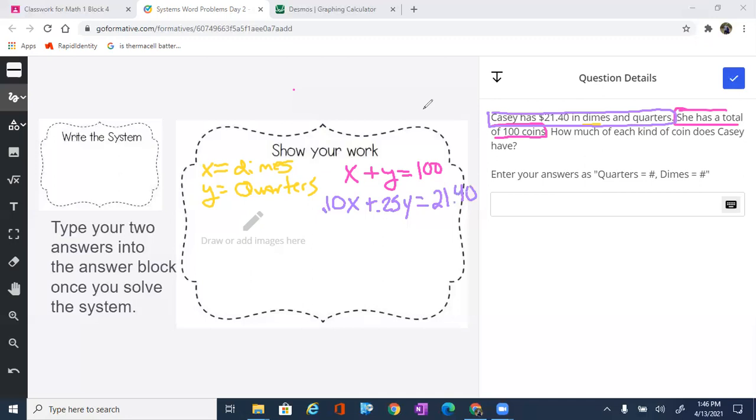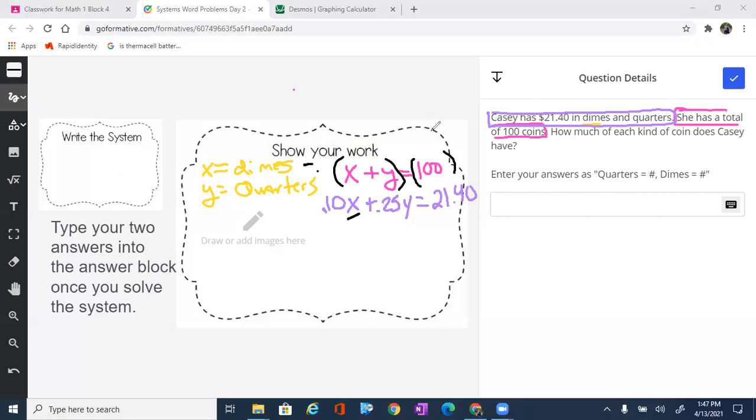Now we can solve this with elimination, or we can solve it with substitution. But in all honesty, in my opinion, the easiest way to do these type of problems is always elimination. That's just because all I have to do is get that first variable equal to the opposite value of the first value of x.